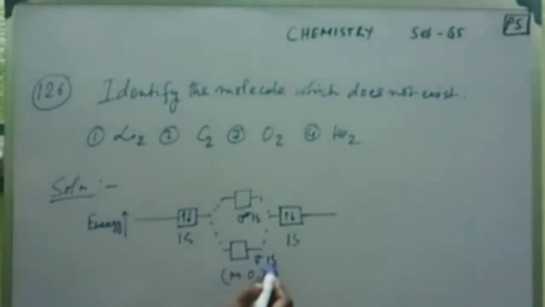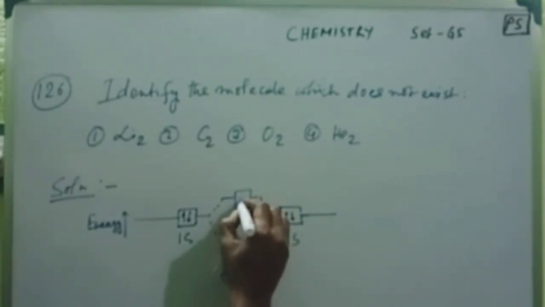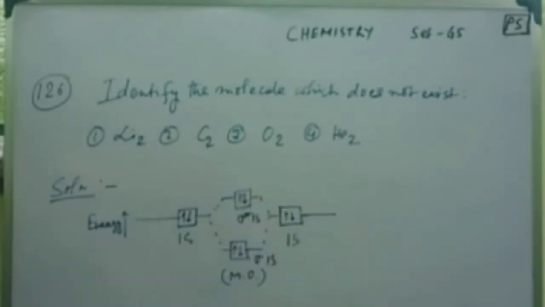This is the bonding molecular orbital, this is the anti-bonding molecular orbital. Two electrons will be here, and the next two electrons will go to the anti-bonding molecular orbital.